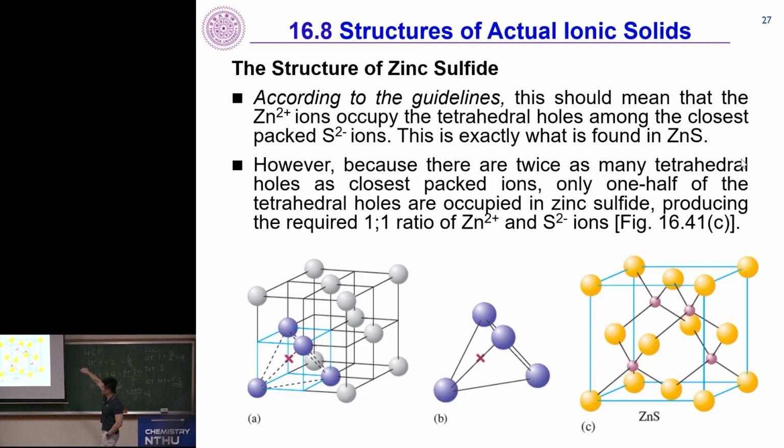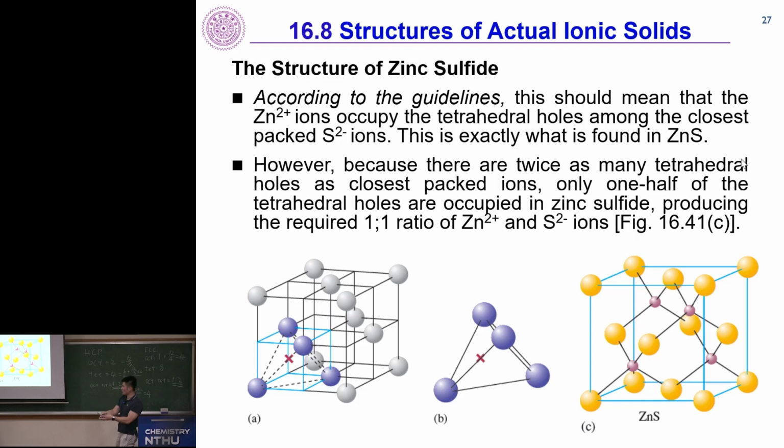So this is again the unit cell formed, the FCC unit cell formed by sulfide S2 minus, the face centered cubic. And we have 8 tetrahedral holes, right? 1, 2, 3, 4, 5, 6, 7, 8. They form a simple cubic sitting inside our FCC.